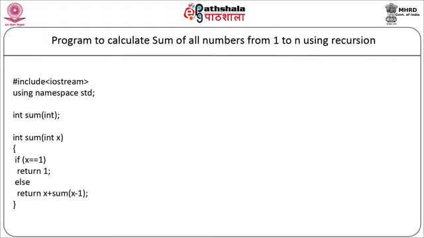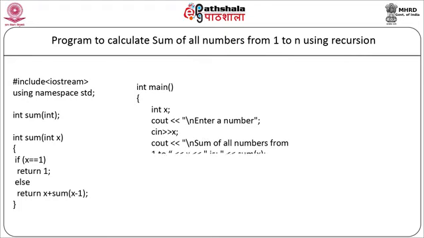We will start with our main program, integer main, integer x, cout enter the number, cin x, cout sum of all numbers between 1 to x is sum of x, return 0, and our main program will end. When the above code is compiled and executed, it will produce the result as enter the number 5.